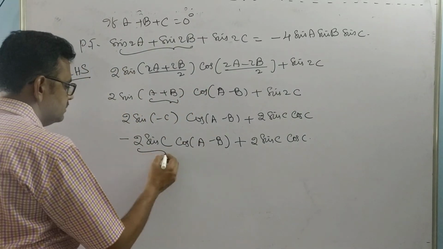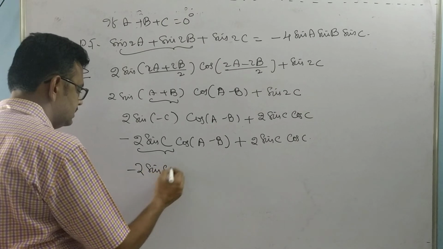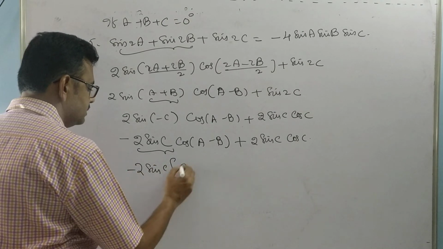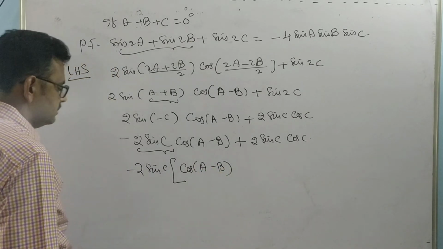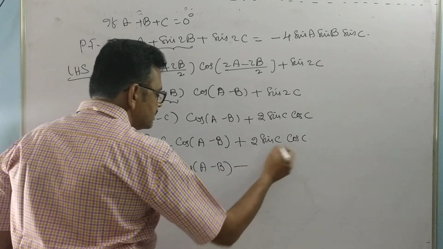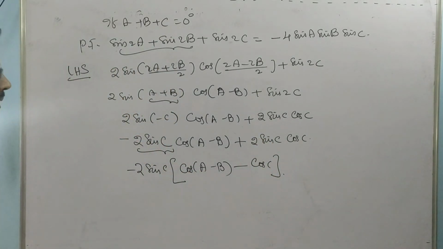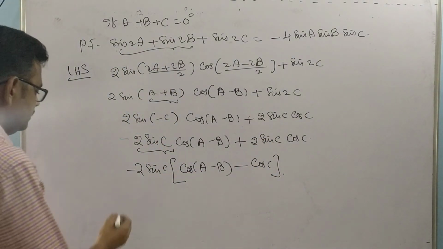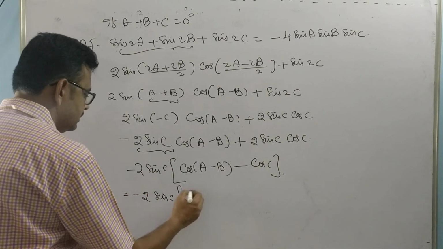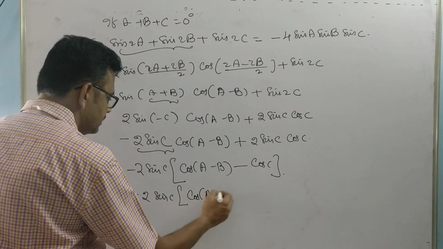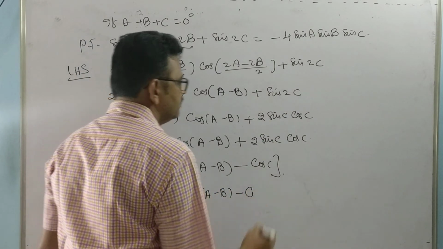In this one you can take minus 2 sin C common. This is cos of (A minus B) minus cos C. So that is equal to minus 2 sin C into cos of (A minus B) minus, where C is equal to, what is C equal to?